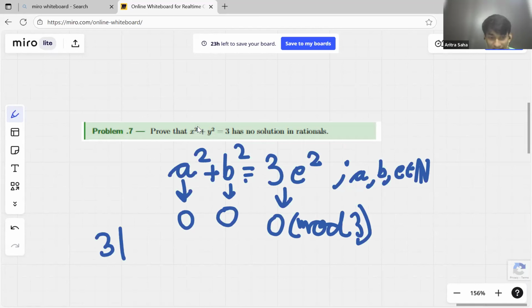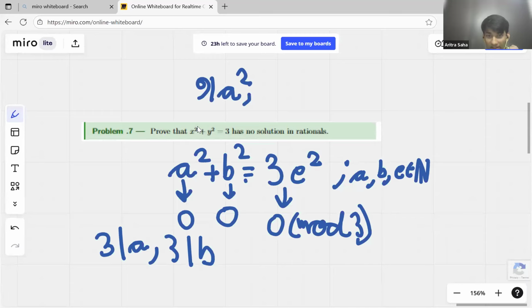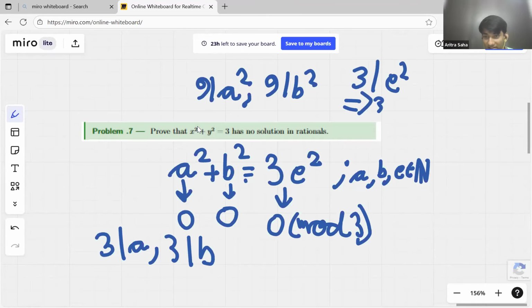So that means 3 divides A, 3 divides B. But that also means that as 3 divides A, 9 divides A squared, because 3 is prime. And 9 should also divide B squared. If you write 3 here and cancel it out, you get that 3 also divides C squared. That means 3 divides C.